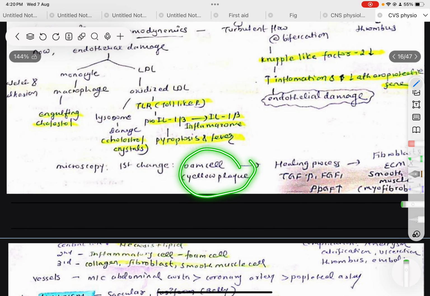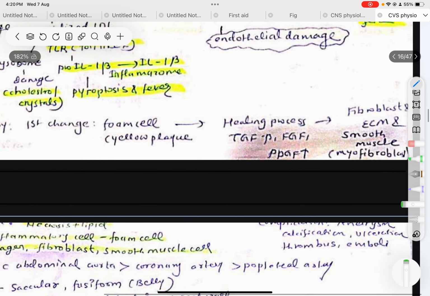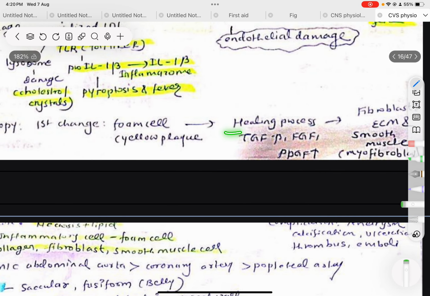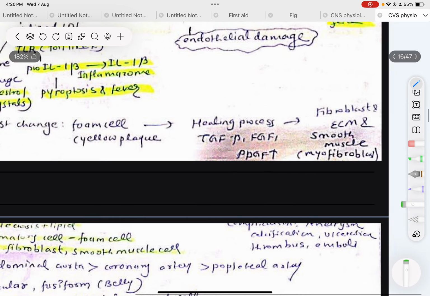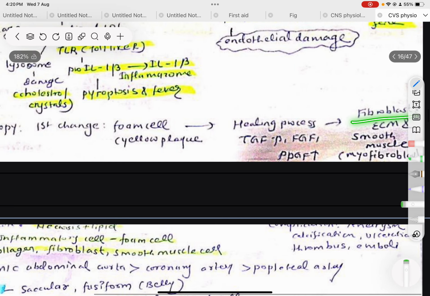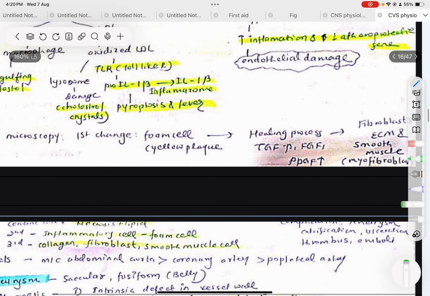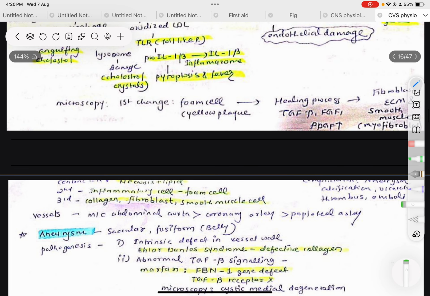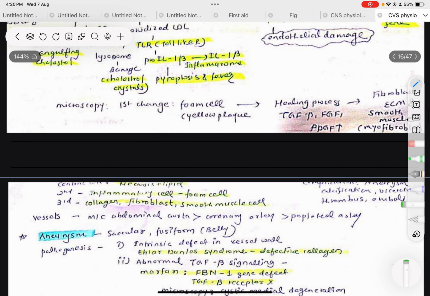In microscopy we can see the foam cells that are yellow plaque, and after that, due to the healing process, all these growth factors will increase: transforming growth factor, fibroblast growth factor, and platelet derived growth factor, and it will cause increase in fibroblasts, extracellular matrix, and smooth muscle proliferation, and this all leads to this thrombus formation.